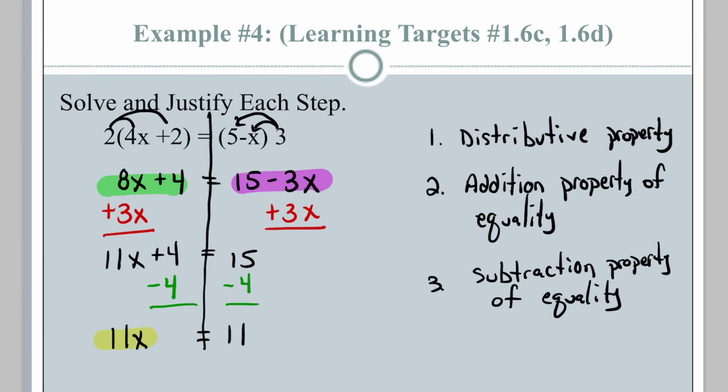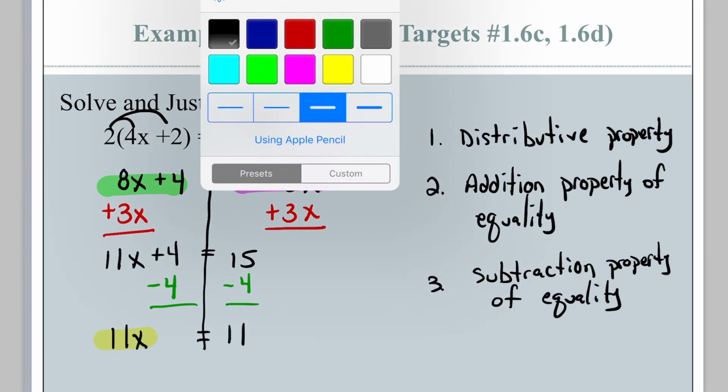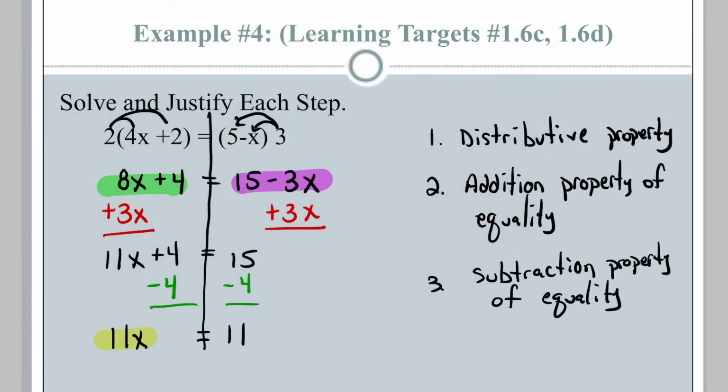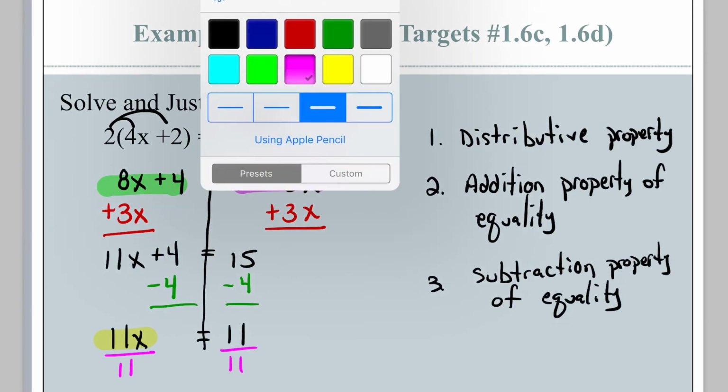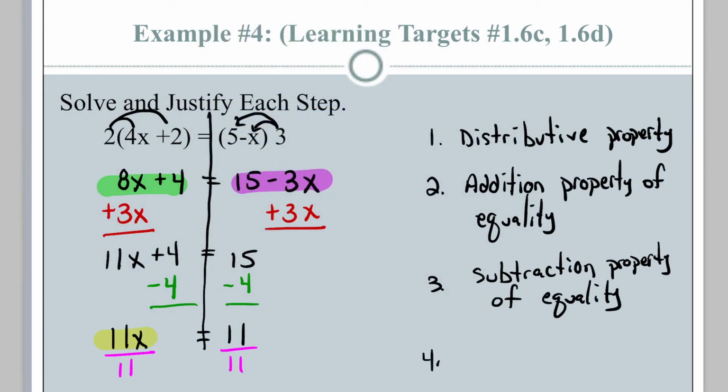It's an implied multiplication. Well, the inverse operation of multiplication is division. So to undo the operation of multiplication, I'm going to divide by 11. The property that allows me to do that is the division property of equality.